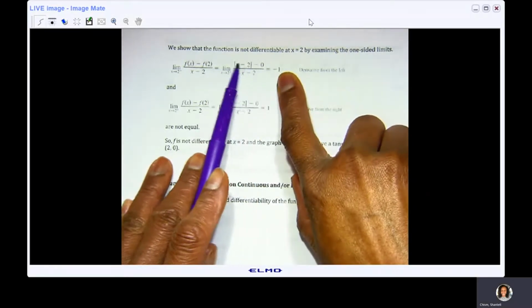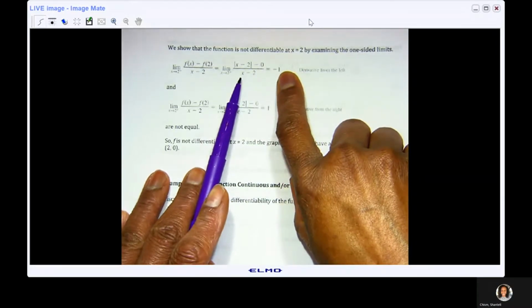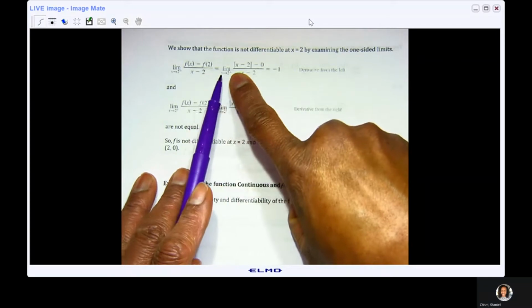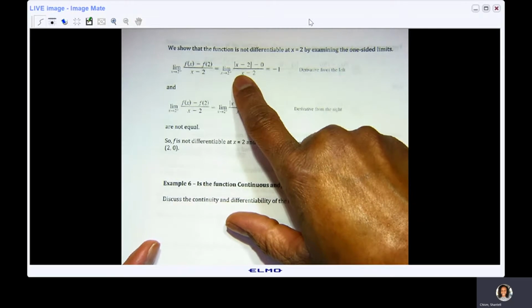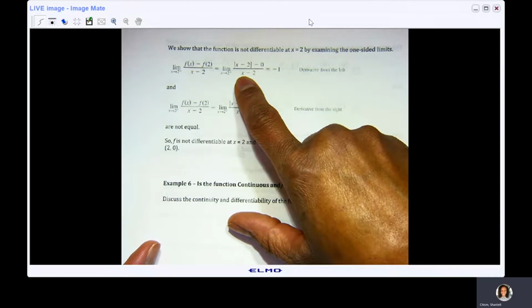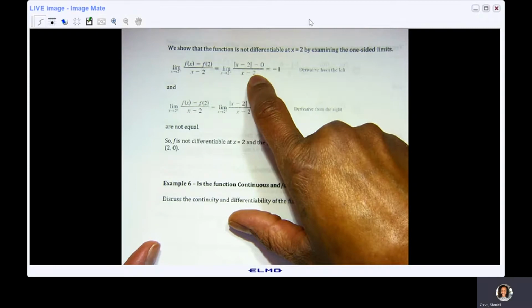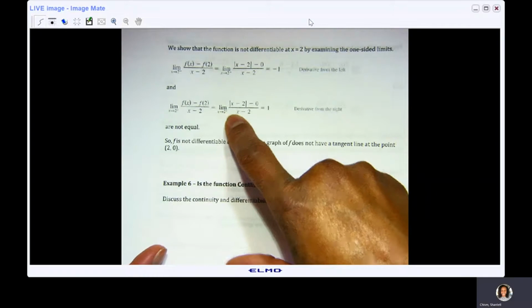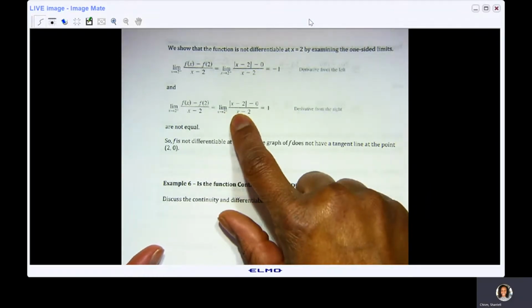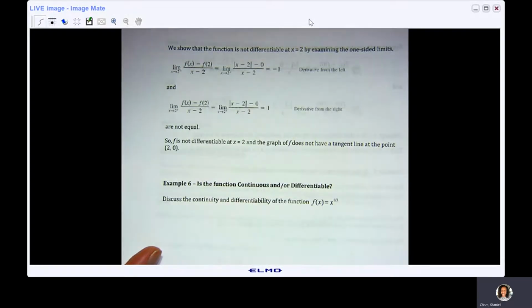Now on top, the absolute value, and on the bottom, x minus 2, because you're on the left side and you're going to be substituting in values that are less than 2. So for example, like 1.9, something really, really close, but that would yield a negative there. So you end up with a negative 1 slope. Whereas here you're approaching from the right side, you'll be plugging in something larger than 2, maybe like 2.1, and you would end up with a positive 1, a positive slope.